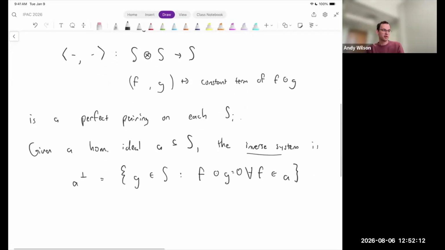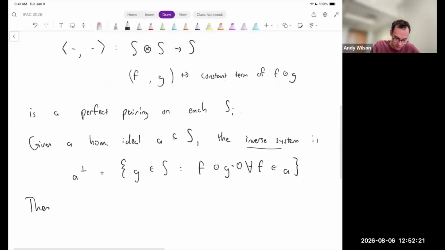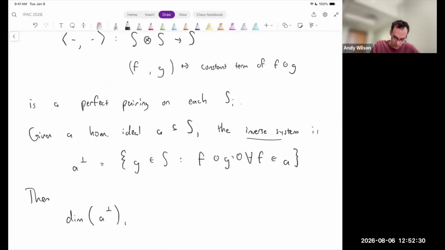And since we have a perfect pairing, we can decompose this into graded pieces, and we get that the dimension of the ith graded piece of this is equal to the ith graded piece of this quotient. Okay.